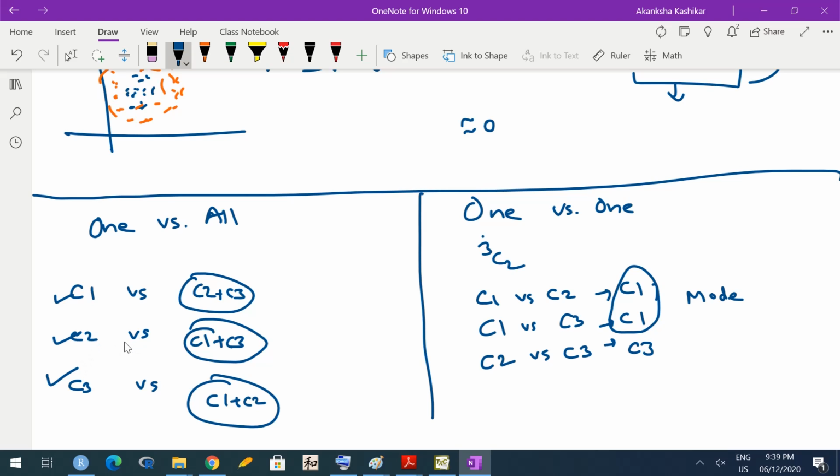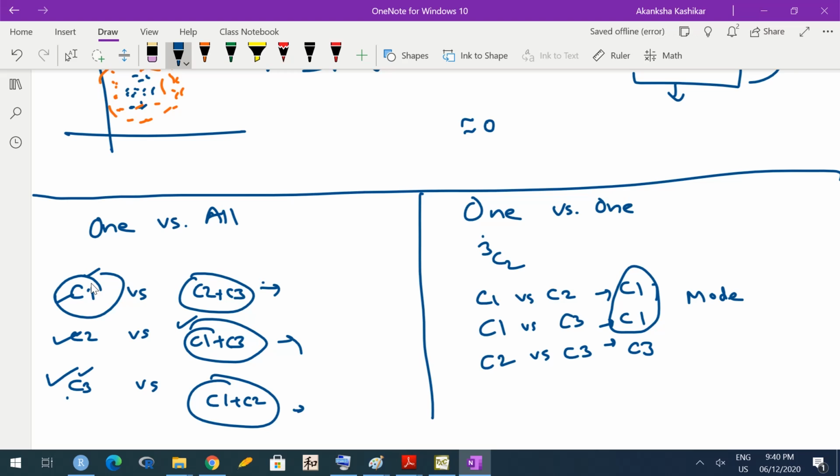Wherever it is largest, we put it in that class. For example, if here the prediction is C1, here the prediction is something else, and here the prediction is C3, then between C1 and C3 we have to see which prediction we can be more confident about. The margin is high in which prediction, and suppose it is in C1, then I'll say put the thing in C1. So this is how we can handle multiple classes in support vector machines, from binary to multi-class.